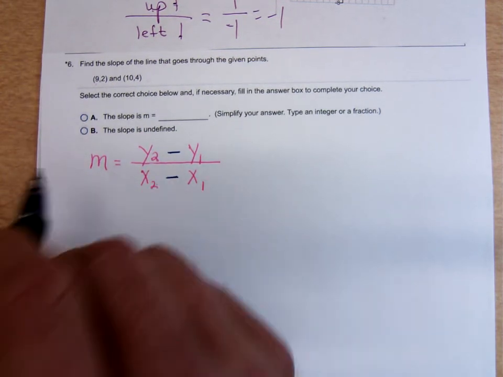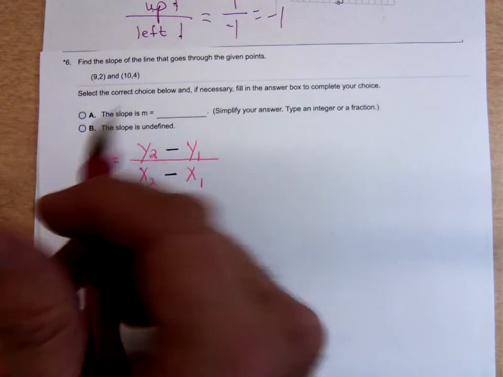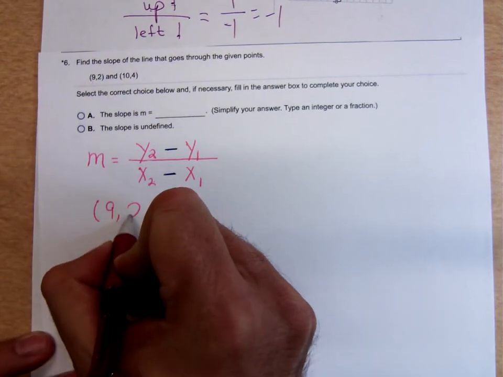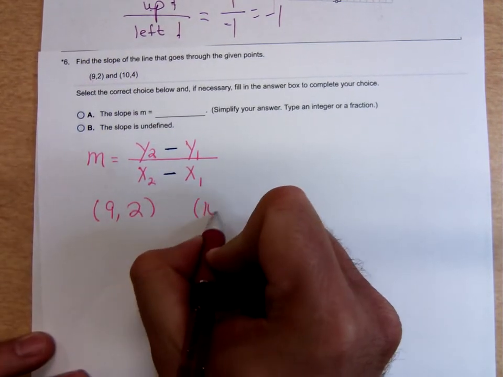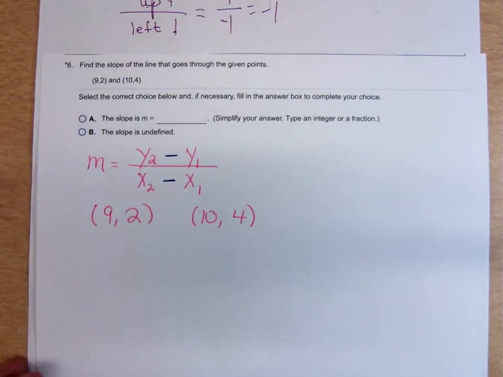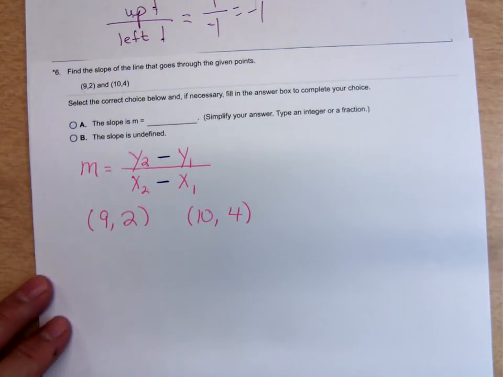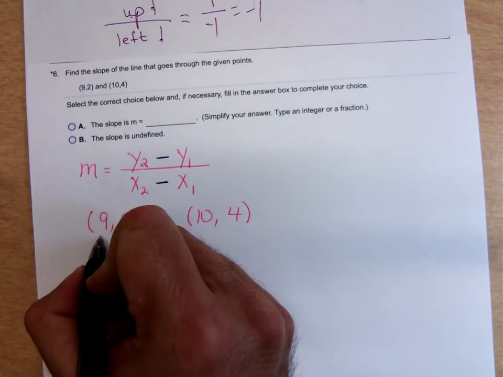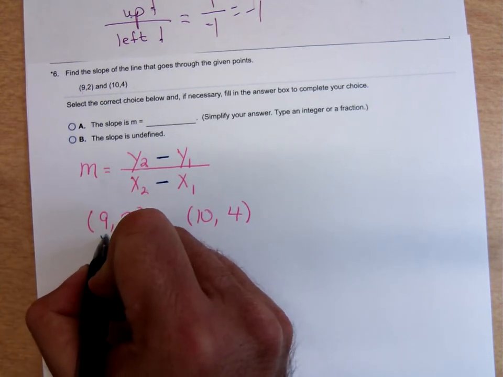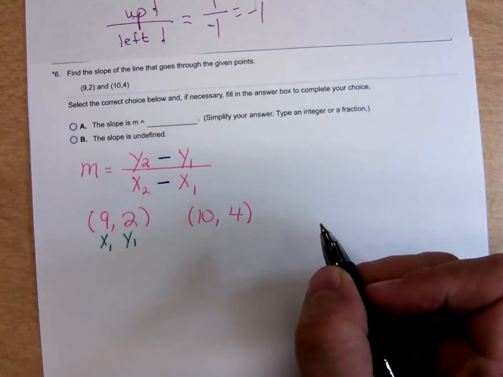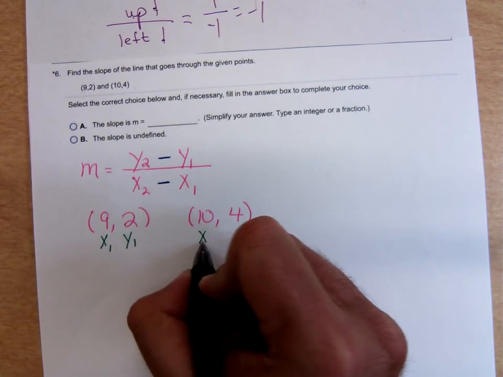The points are (9, 2) and (10, 4). Remember what those subscripts mean: first x, first y, second x, second y.